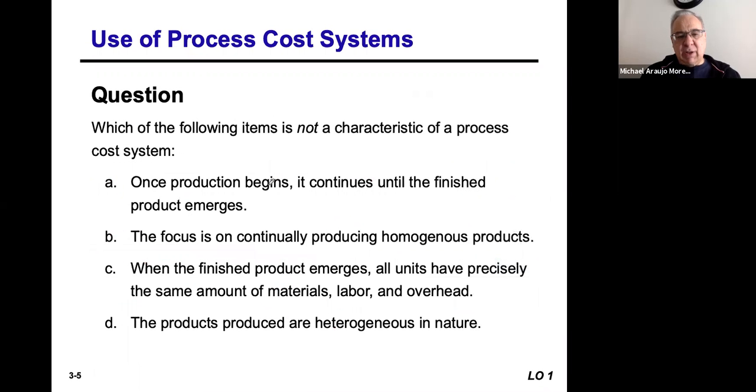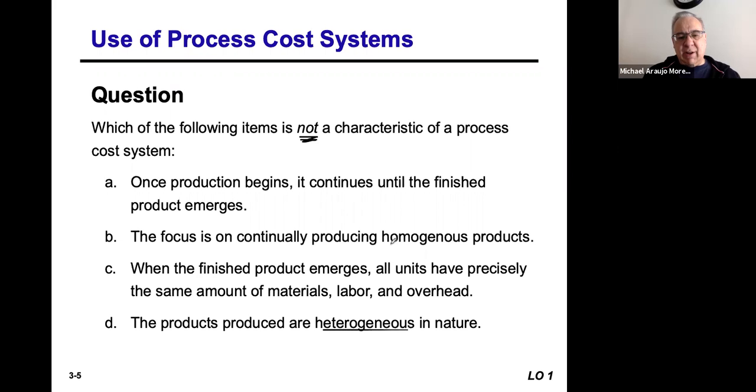Okay. So which of the following is not a characteristic of a process cost system? Once it begins, it continues till it emerges. The focus is continually producing homogeneous products. When the product emerges, all units have precisely the same amount of material, labor, and overhead. The products produced are different.